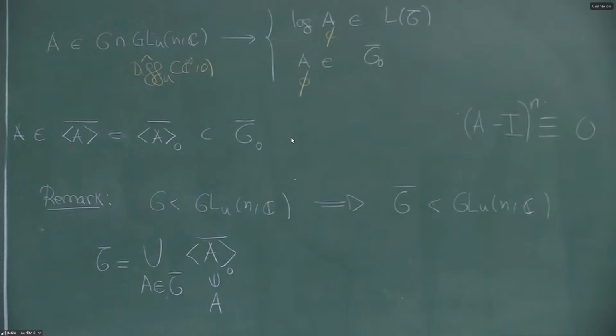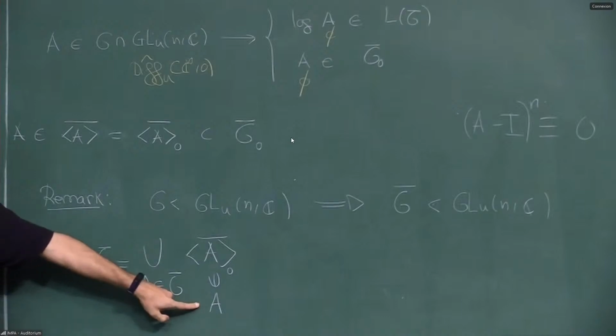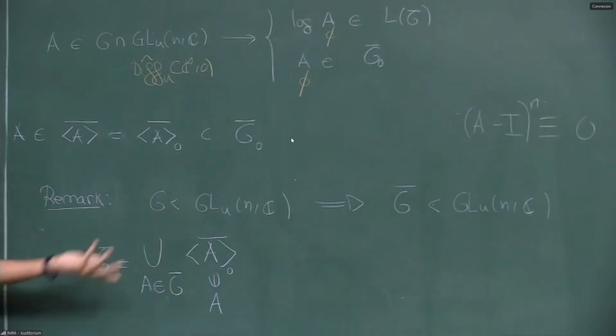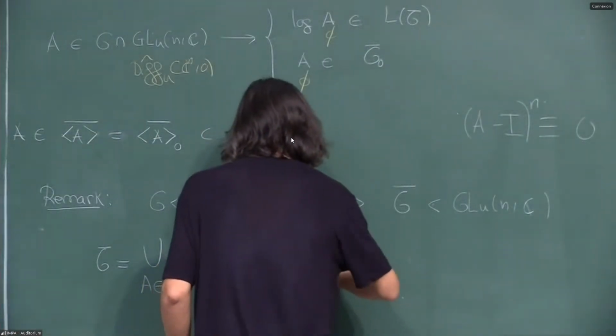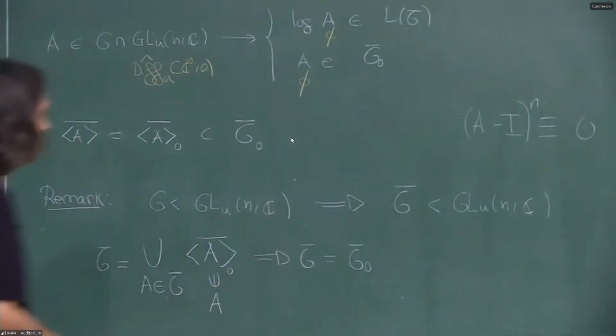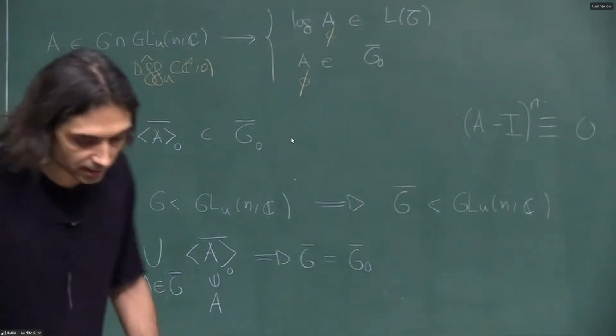And so you get that this group over here can be written as the union of connected sets that have one point in common, that is the identity element. So this is connected. So you have that groups generated by unipotent linear operators are always connected.